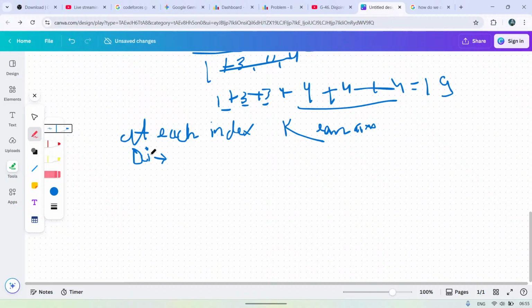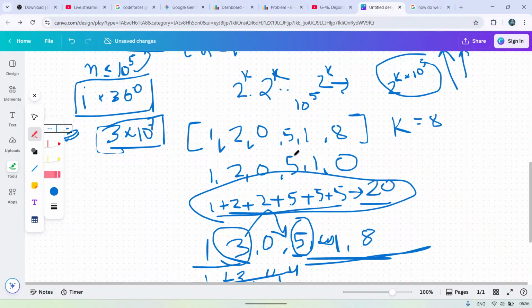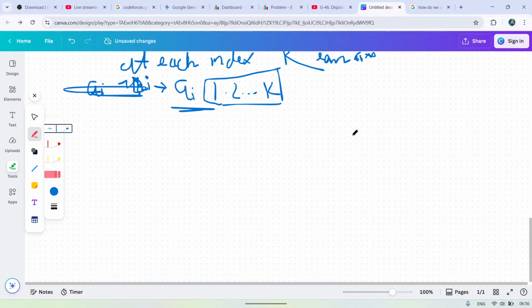So what I can do is iterate over all k. Either I can give one card, two cards, or k cards.